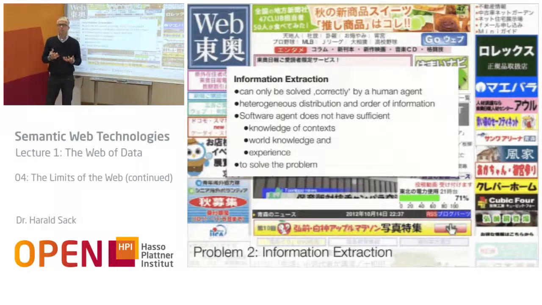For example, you have no idea how the information really is distributed over the page, if it's heterogeneous and in what order it is on the page. On the other hand, a software agent does not have sufficient knowledge of the context. It does not have the world knowledge and the experience that the user has to interpret this. So it is not able to solve the problem of information extraction without having explicit formal semantics available.